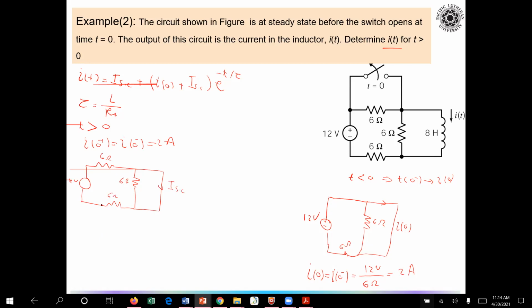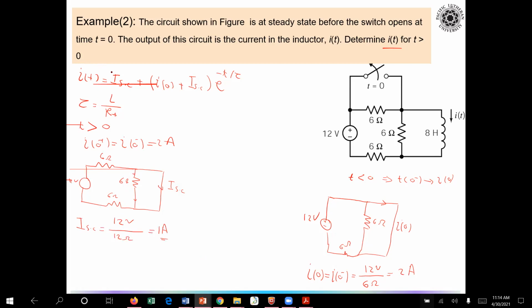How can you find the current right now, i short circuit? The same way that we did in the previous one. The only difference is that this part will be negligible. So now instead I have 6 ohm plus 6 ohm, which is 12 ohms. So the same formula, 12 volt divided by 12 ohms, and I have 1 amp.